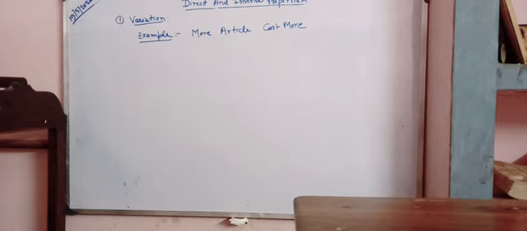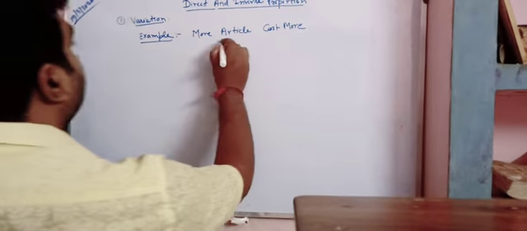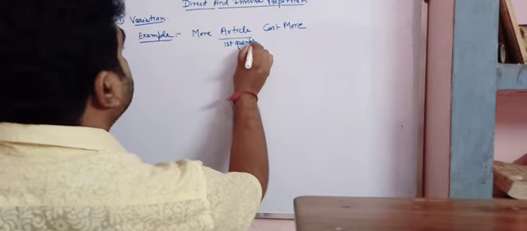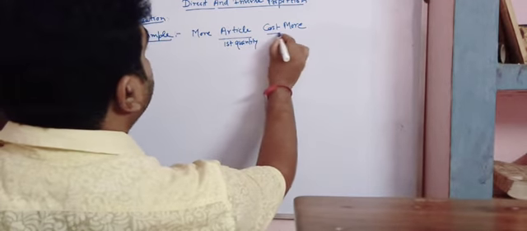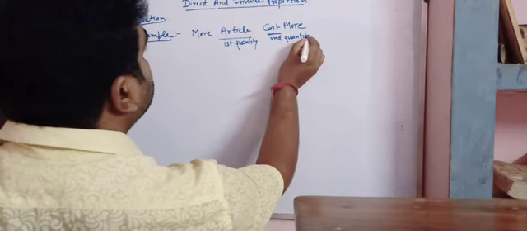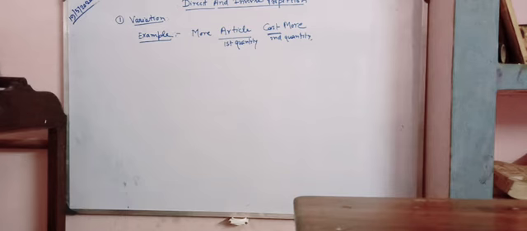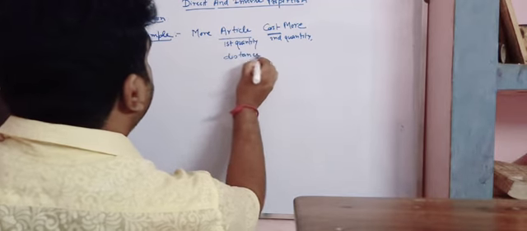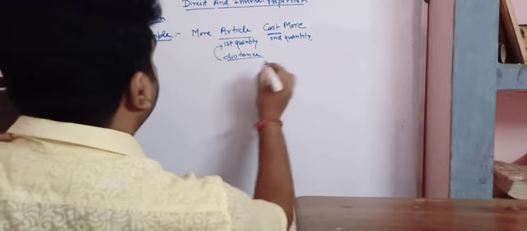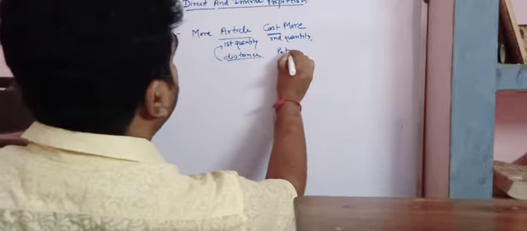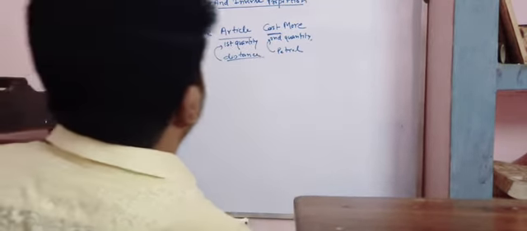So here the quantities are article, this is my first quantity, and cost, this is the second quantity. Next, distance, this is the first quantity here, and petrol, this is the second quantity.